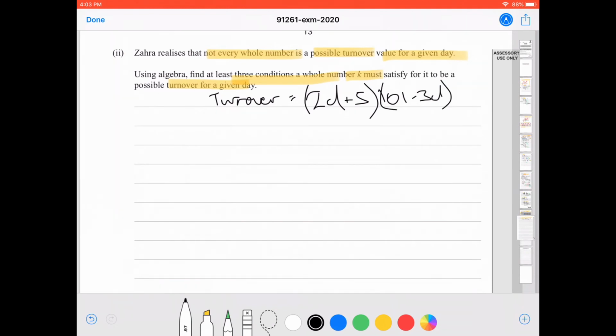And in this case, we are talking about not a set turnover, 445 for example, but we're looking at three conditions a whole number k must satisfy for it to be a possible turnover. So essentially, turnover here is this whole number k. So we can say our expression for turnover equals k.